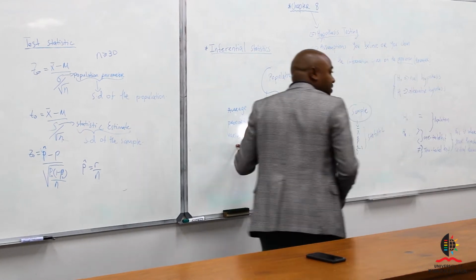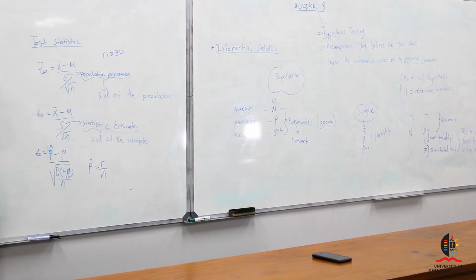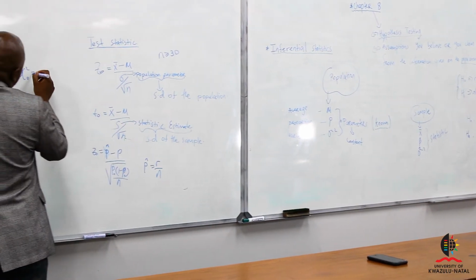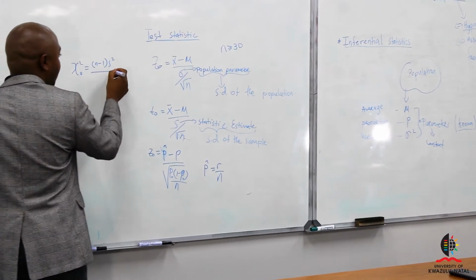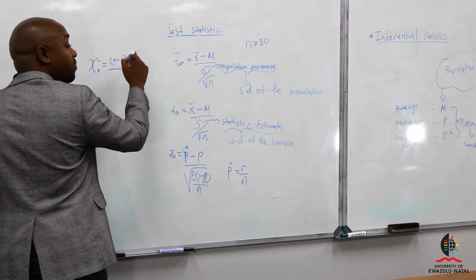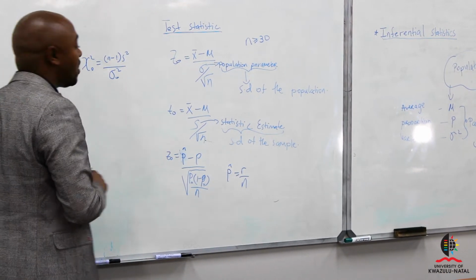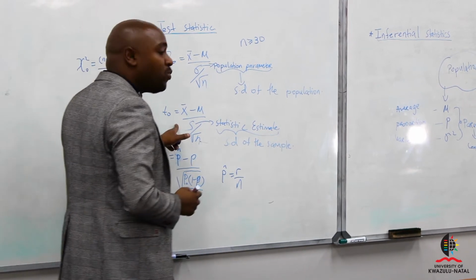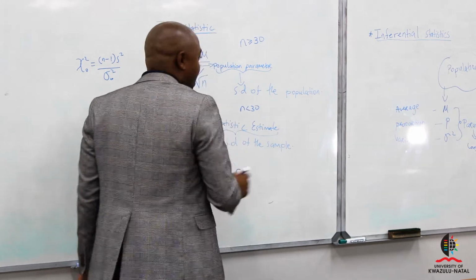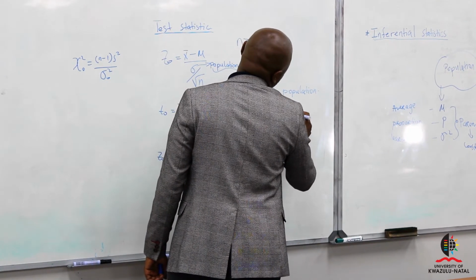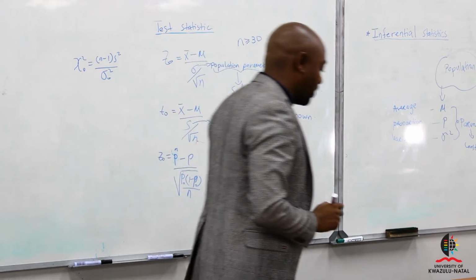Then what if your hypothesis test is based on variance? The test statistic will be n minus 1 times s squared divided by sigma squared, where s is the standard deviation based on the sample and sigma is the standard deviation based on the population. You can only use this one if your n is less than 30 and your variance is unknown. When will variance be unknown?